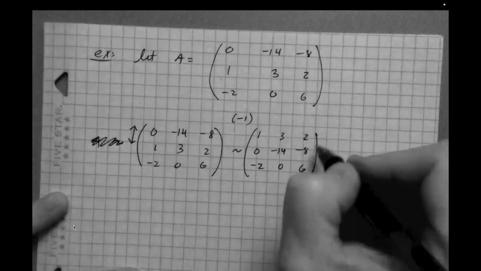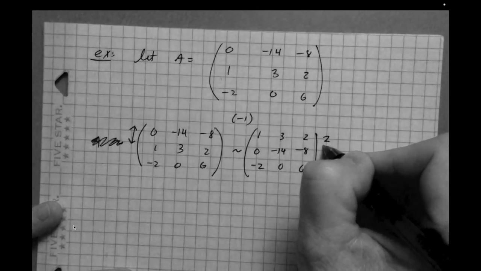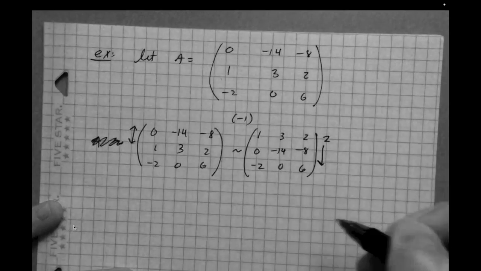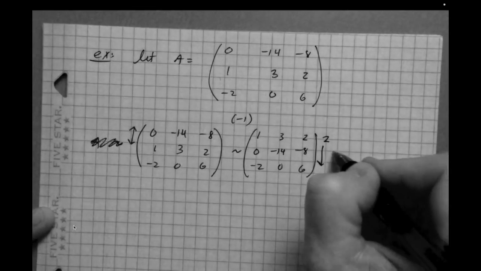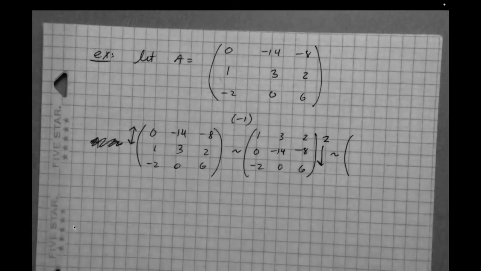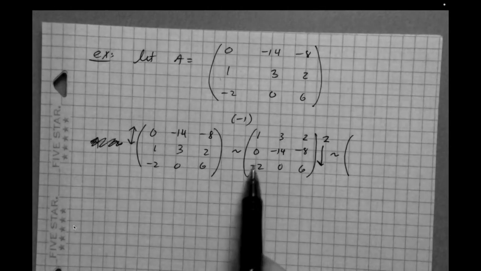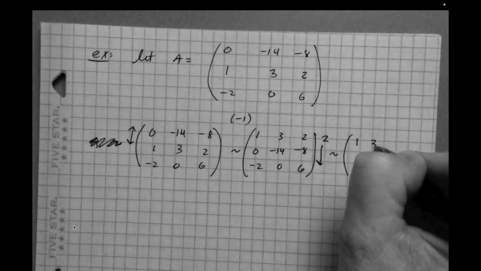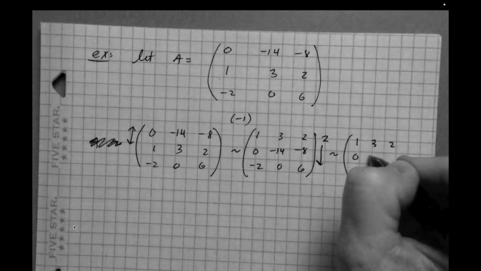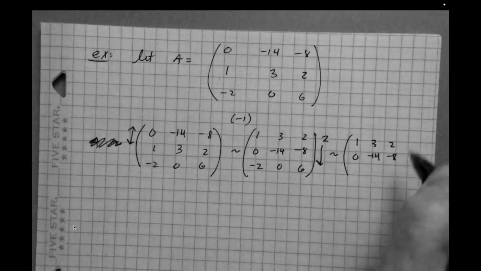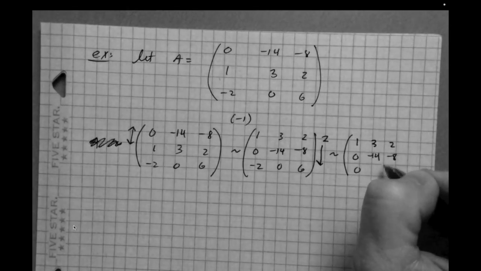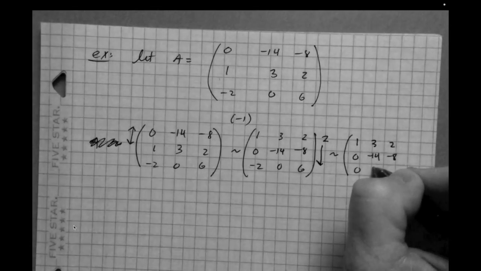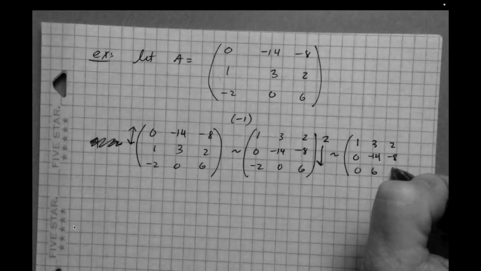Okay. Next I'm going to multiply row 1 by the scalar 2 and add it to row 3, and that becomes my new row 3. Basically I'm going to get a 0 down here. So when I do that, I have 1, 3, 2; 0, -14, -8; and then 0, 6, and is that a 10?